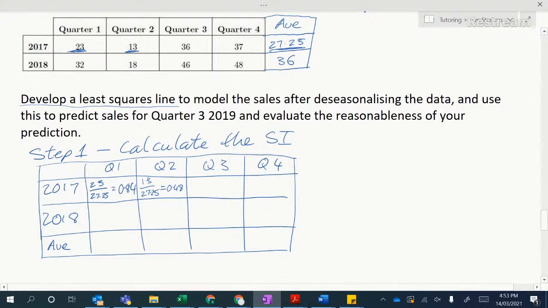I'm going to give you another 2 minutes and I would like you to complete that row and then also do 2018. Remember, you have to use a different average for 2018. I'm going to give you 2 minutes. Finish filling out that table.